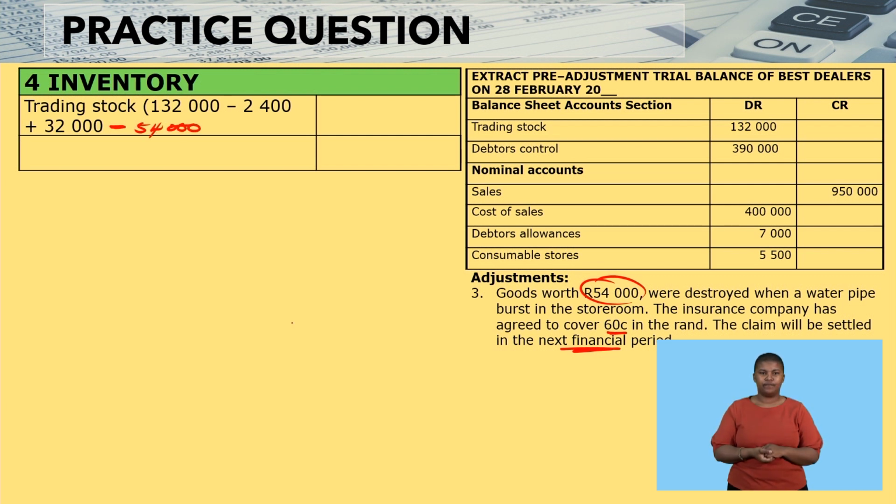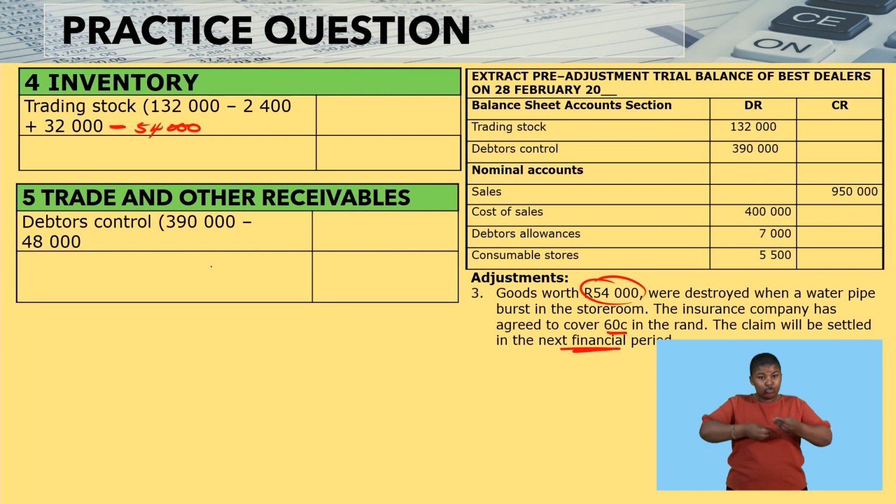Then we come to trade and other receivables because they said the insurance company will cover 60 cents. So we now need to know how much would they give us. They'll cover 60 cents in the rand, so we say 60 over 100 multiplied by 54,000. That is going to give us an amount.